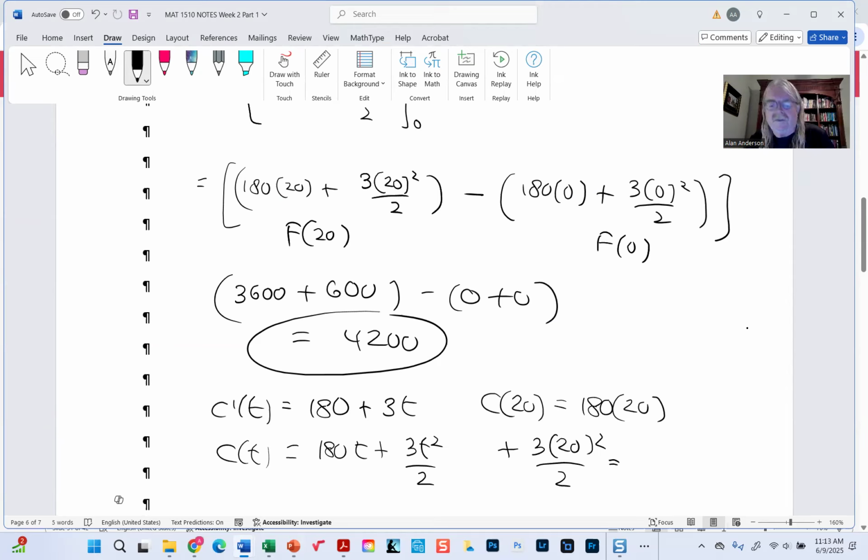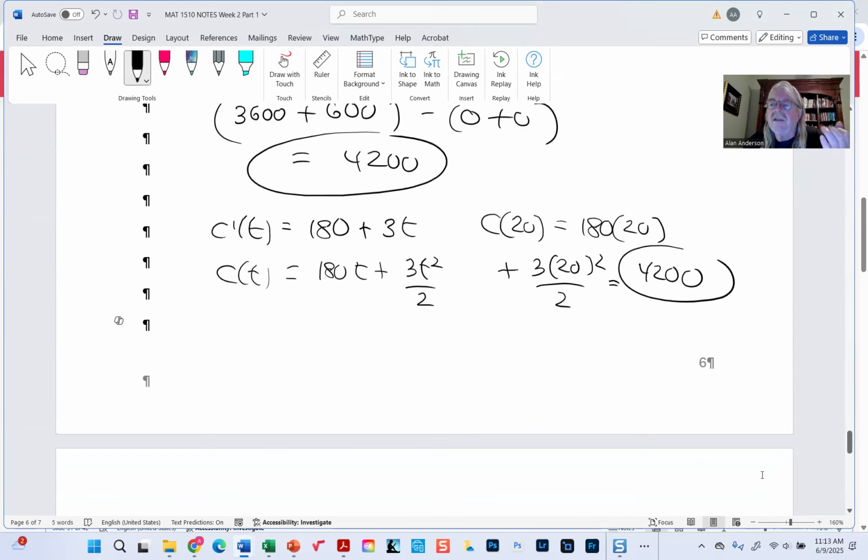That's essentially what you're doing. And so that is going to give us, what do you know, 4,200. So the second fundamental theorem of calculus is what justifies our ability to do this. Okay, because as it's trying to explain to us, integration and differentiation are inverses of each other. So we can go about this in a couple of different ways.